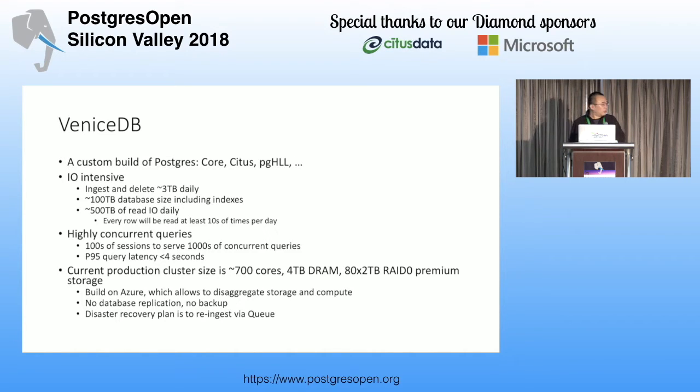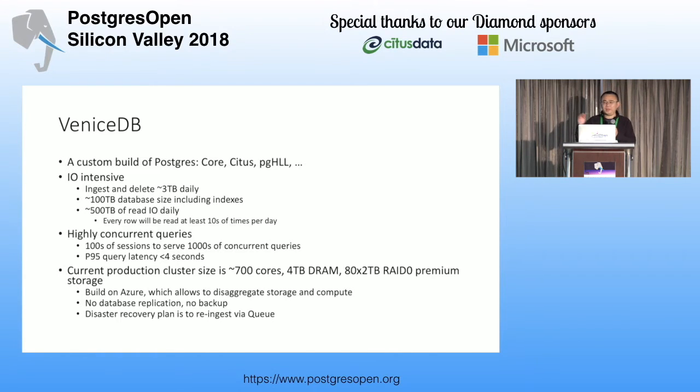And then I'm going to talk a few words about the database cluster itself. So Venice is built on top of Azure. I actually think it's very hard to buy my own hardware to build a server cluster like Venice, because Azure has evolved in such a way that it gives me the capability to disaggregate the storage and compute.